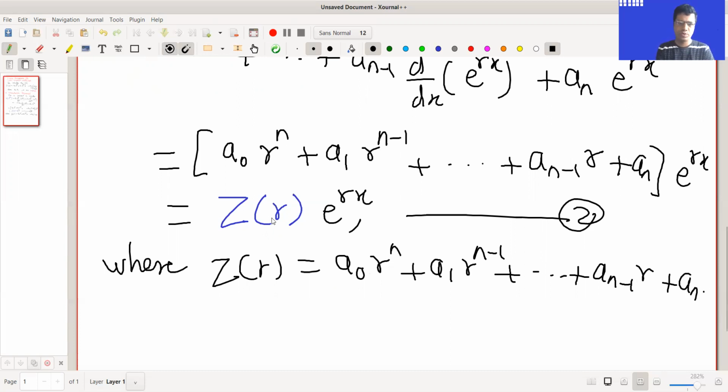Now this is very useful in finding the solution of the given differential equation L of y equal to 0.